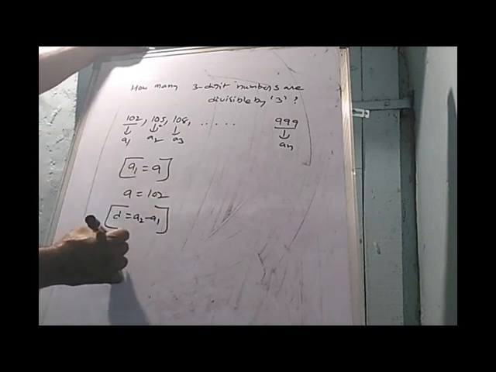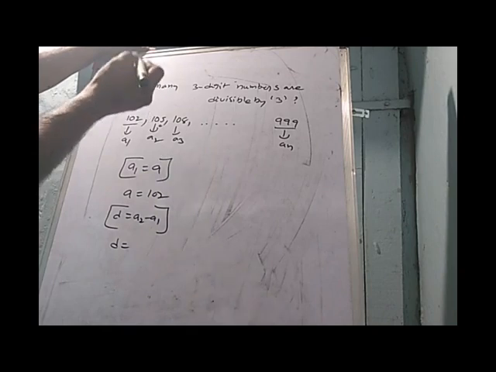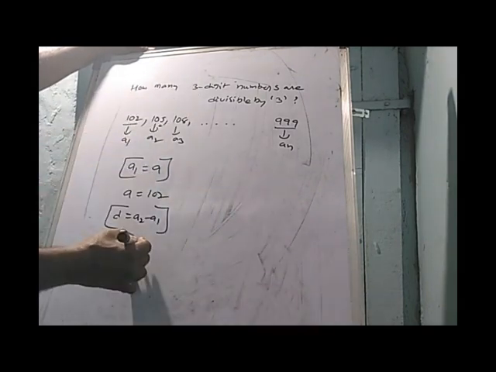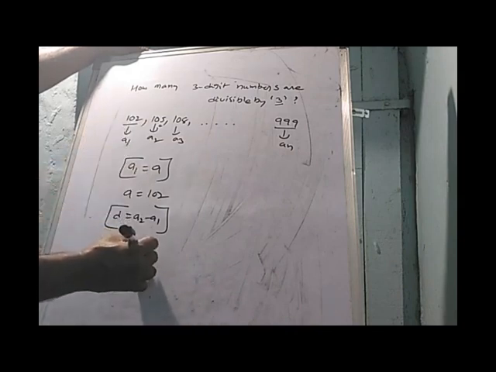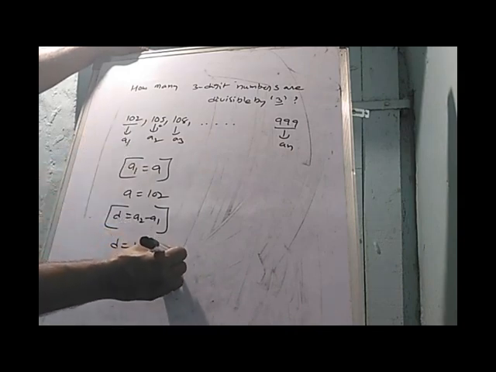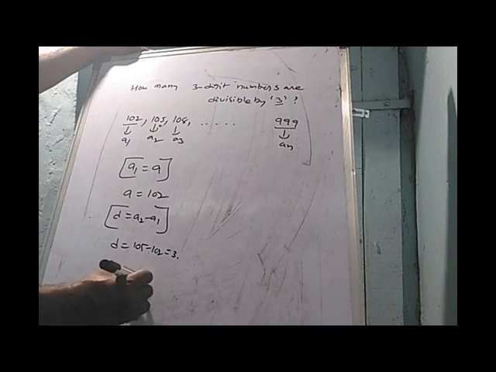Since it is already declared to be an AP, we need to find only one difference, that is the common difference in this series. It is a multiple of 3, so you get the direct answer. So 105 minus 102 is 3, therefore d equals 3.